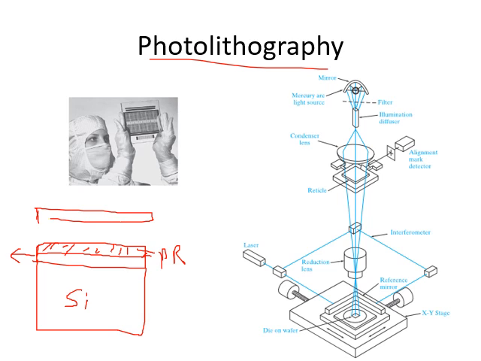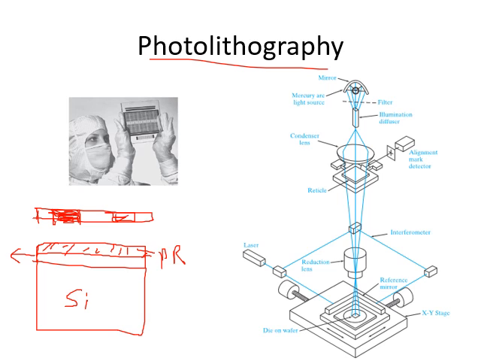Mask in the sense, the mask is something like this. At this part, I will shade it. At this shaded part it is closed, so light cannot pass through it. And I'll shade this part also.